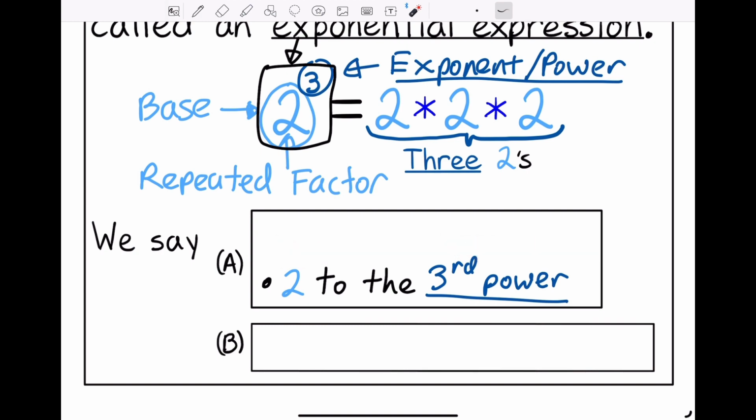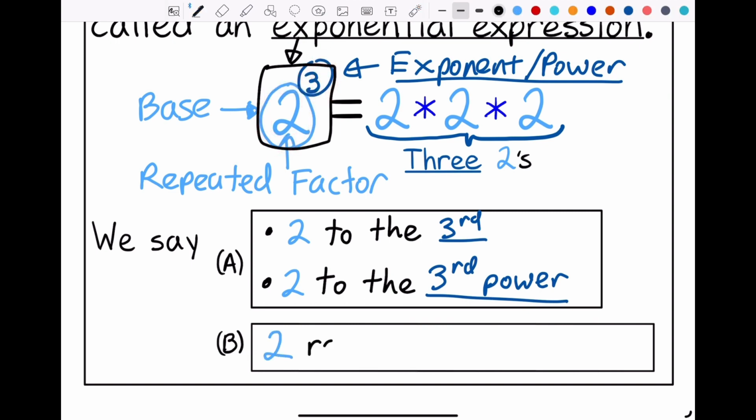So the second way is just a shorter version of our first way, and we also say 2 to the third. So it's the same idea. The base is first, and then the exponent. The third way is, since the exponent is in the upper right hand corner of our base, sometimes we say that 2 is being raised to the third power.